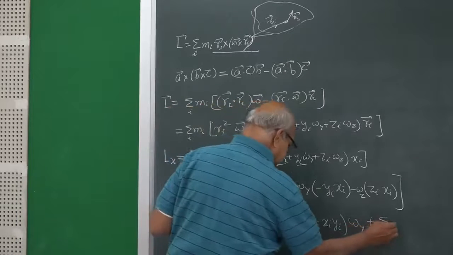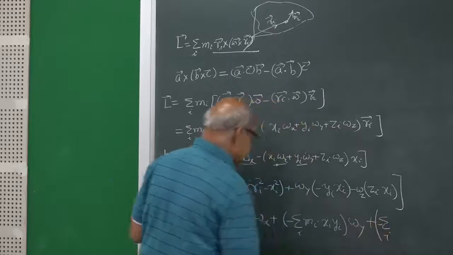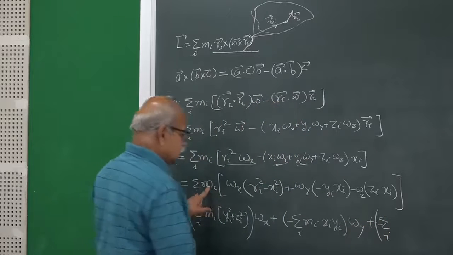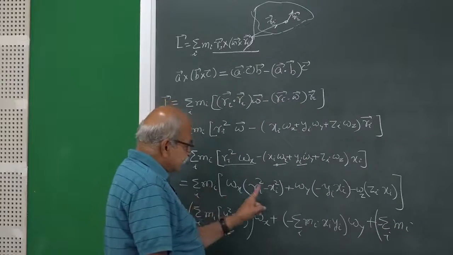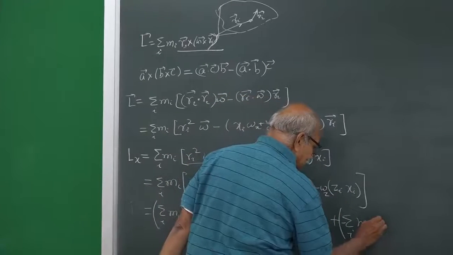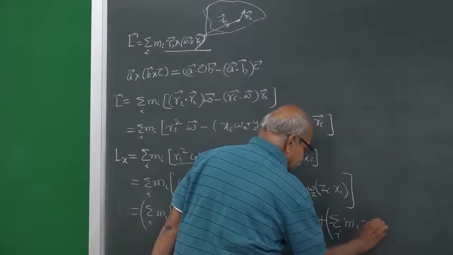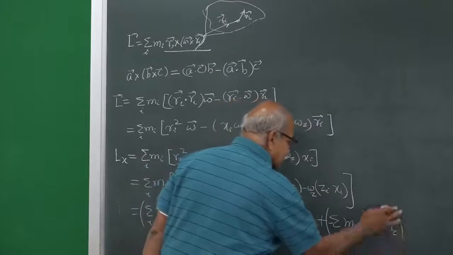So, let me write it bracket here and minus here. Alright. So, it is m I, and then it is x I z I. So, x I times z I, and that is omega z, that is omega z here.